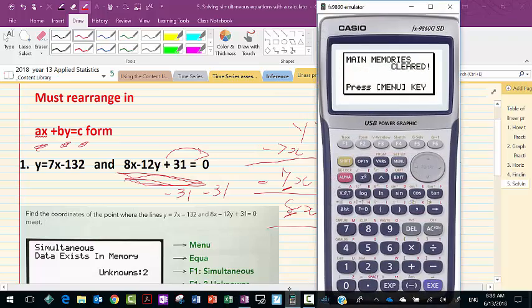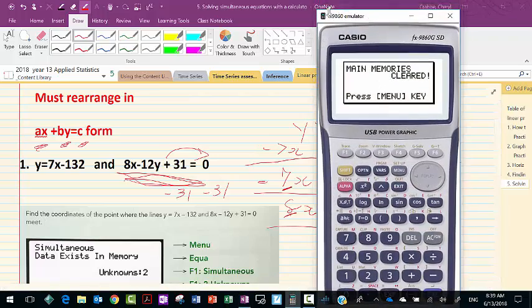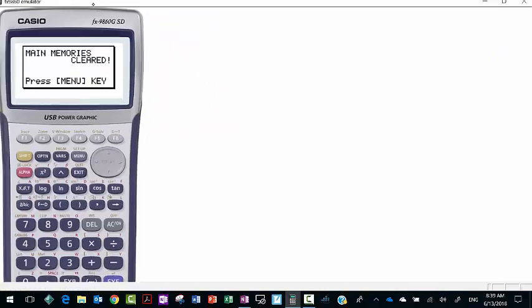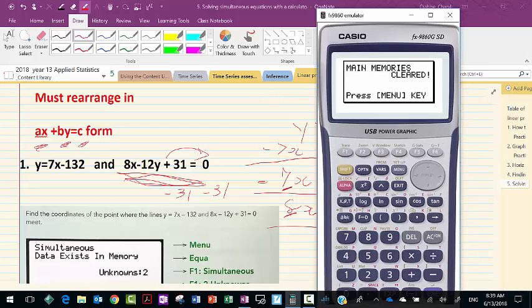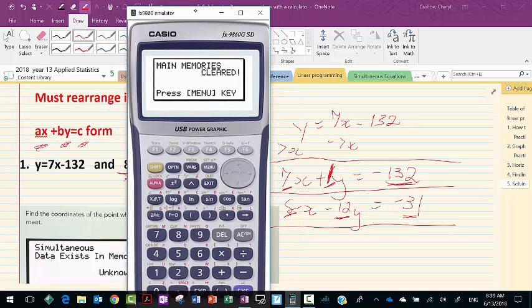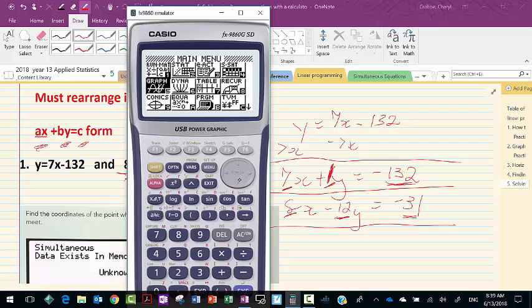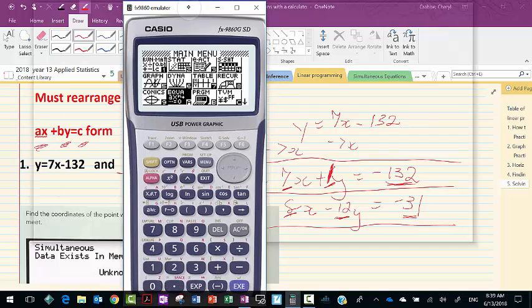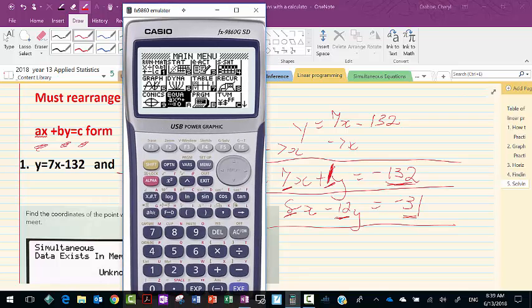So we go to our Casio, and we're going to put these coefficients in. Now we go into our menu, and we're going to go down to equation, and we're going to enter those coefficients, 7, 1, negative 132.